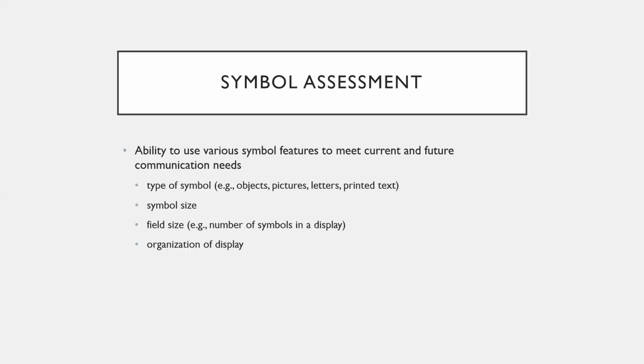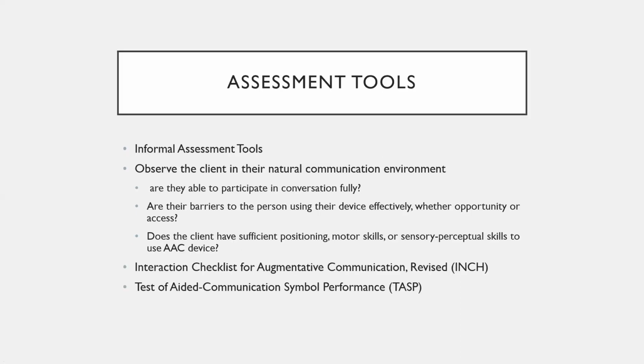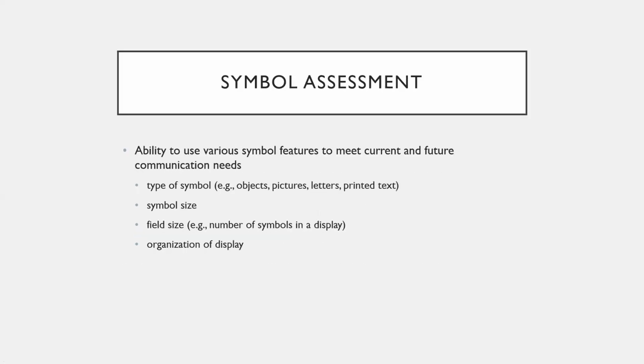Just a few more points on symbol assessment, just to kind of clarify anything in that past slide. With symbol assessment, we're really looking at the person's ability to use various symbol features and how that might meet their current and future communication needs. So different things that we look at is basically the type of symbol. This is a bit of a review, but with symbols, obviously, we can have actual photographs, or does a person need physical objects?